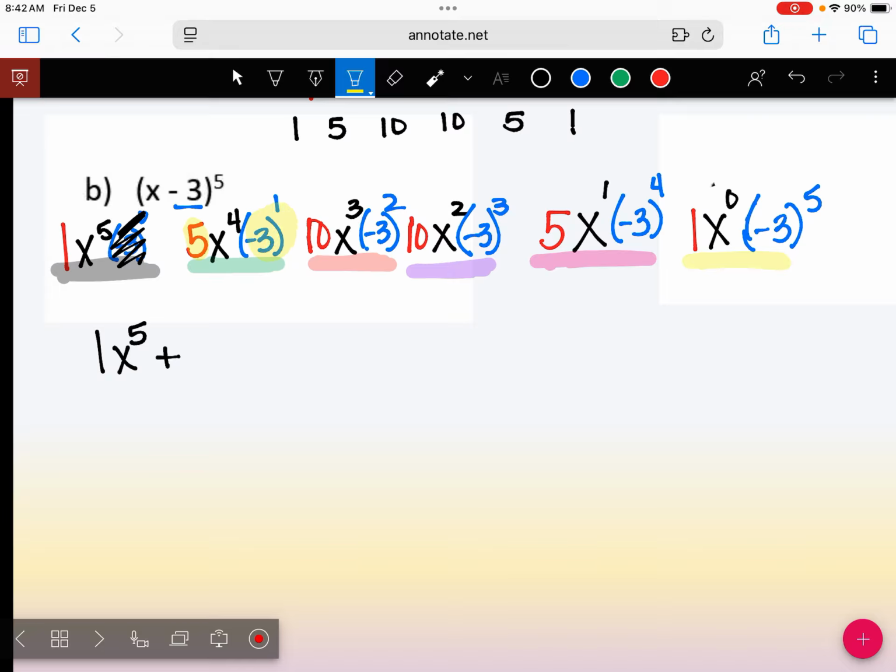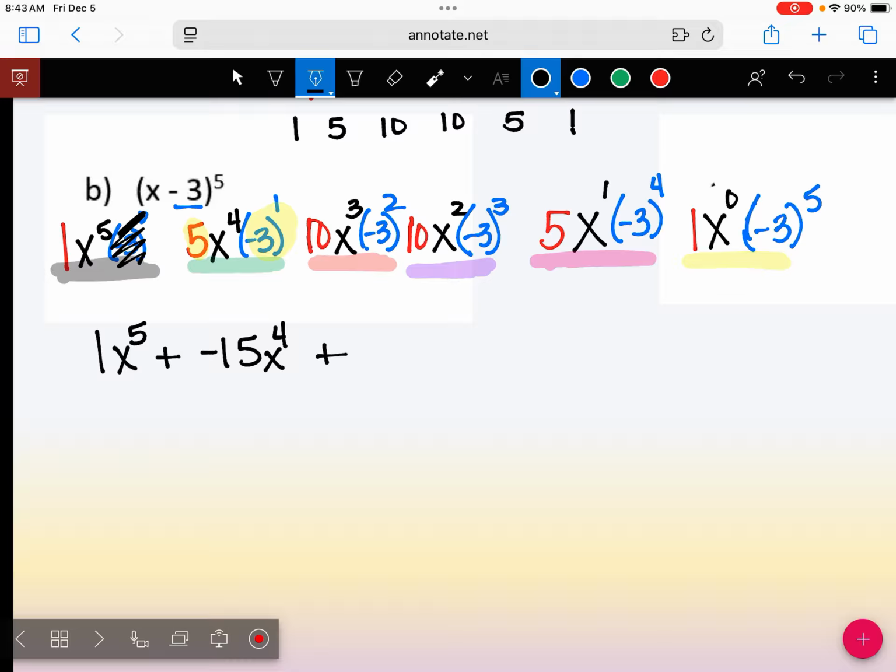I need to multiply 5 and -3 to the first power because we have 2 numbers. -3 to the first power is just -3, and 5 times -3 would be -15. So my next term would be -15, and it would just be x to the 4th because we only have 1 variable. So each term just has 1 variable. Now let's bring down my plus sign.